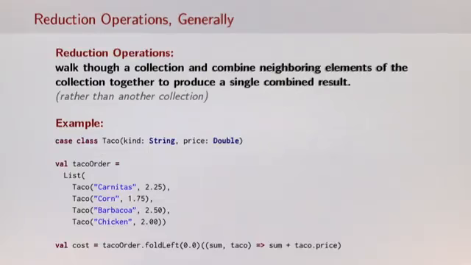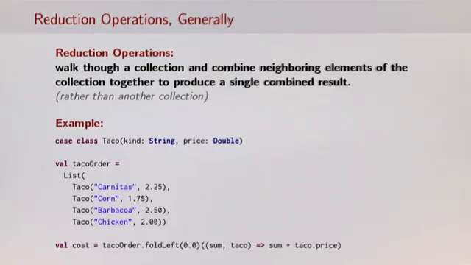So just to give you a more concrete example of what we mean by a reduction operation, let's look at a simple illustration. Let's say we have the case class Taco with two fields, one named kind, which is of type String, and one named price, which is of type Double. And let's say we have a list of instances of Taco, and we'll name that list tacoOrder. So we have this list here of tacos. We can use a reduction operation to calculate the cost of the taco order.